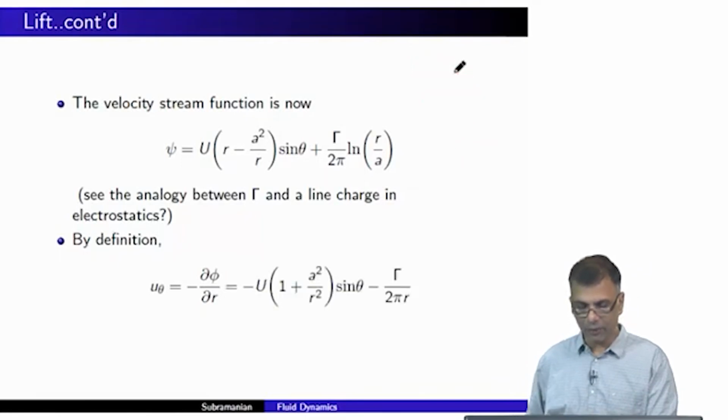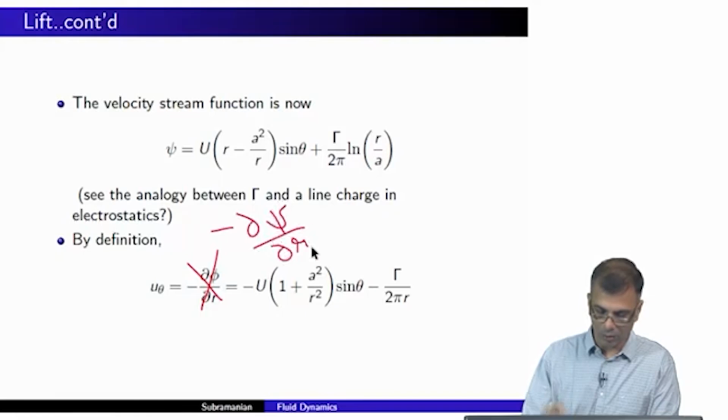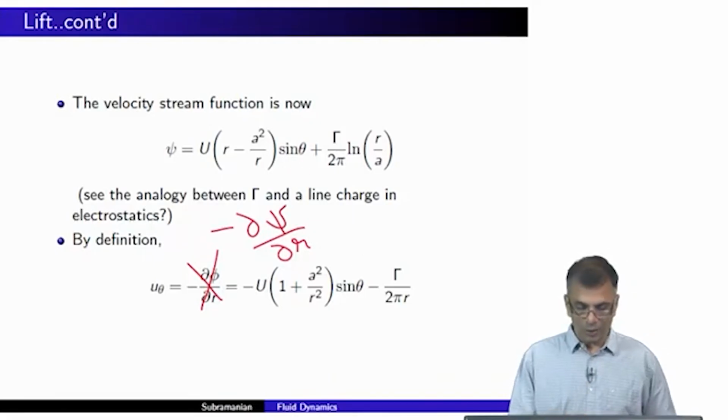I beg your pardon, there's a mistake here, this should be corrected. So you take the differentiation of this, and you can see that it becomes this. Now the theta directed velocity becomes this.